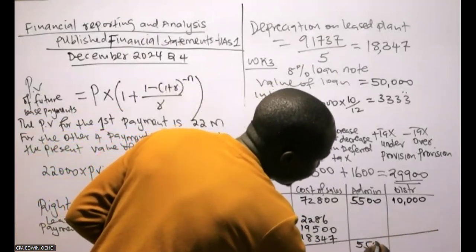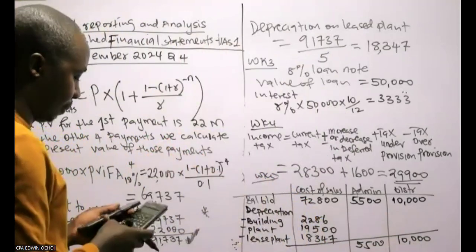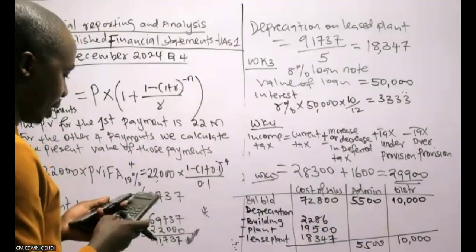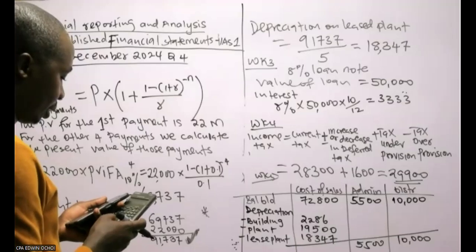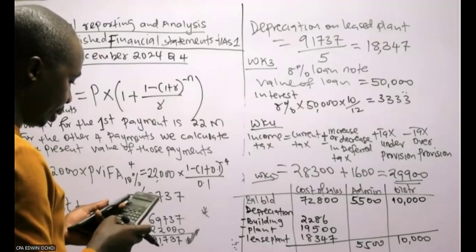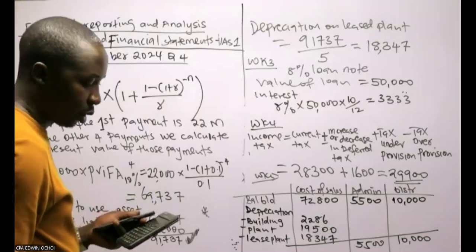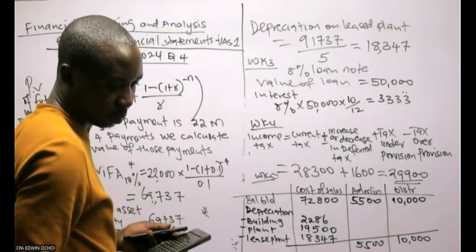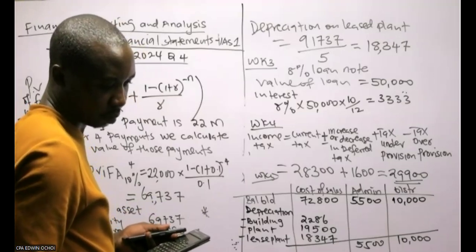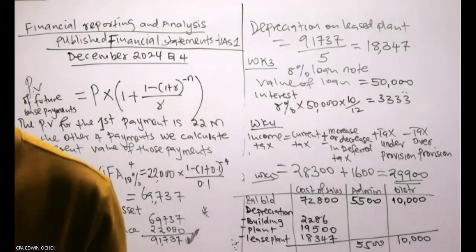Here we have 5,500. Here we have 10,000. So 72,800 plus 2,286 plus 19,500 plus 18,347.